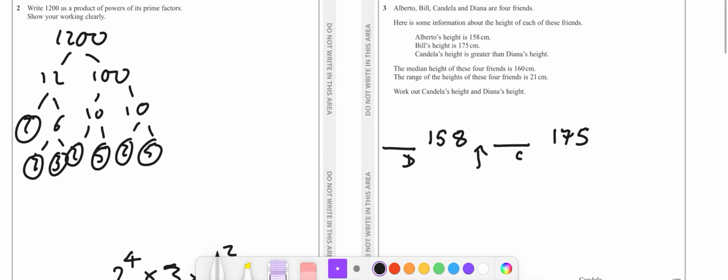So then to get the median to be 160, this needs to be 162, and then the median would be 160. And for the range to be 21, this there to there needs to be 21, so this will be 175 take 21 away, 154.